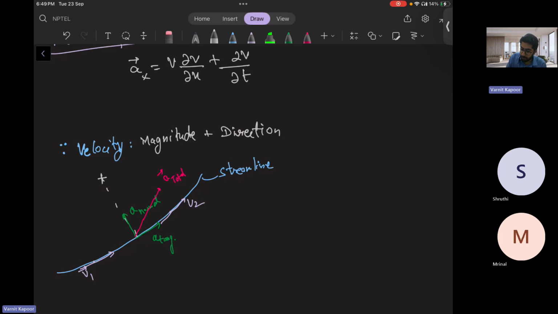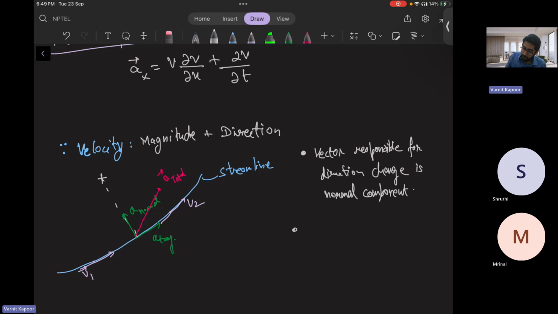For a vector, for direction change the normal component is responsible, and for magnitude change, the tangential component is responsible.